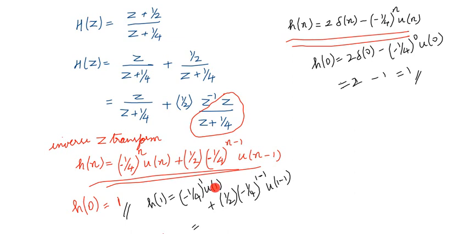U of 1 is 1. What is 1 minus 1? It is 0. U of 0 is 1. So what we are getting here is minus 1 by 4 minus 1 by 4 plus 1 by 2. So the answer is plus 1 by 4. Let me check if I am getting the same answer here.